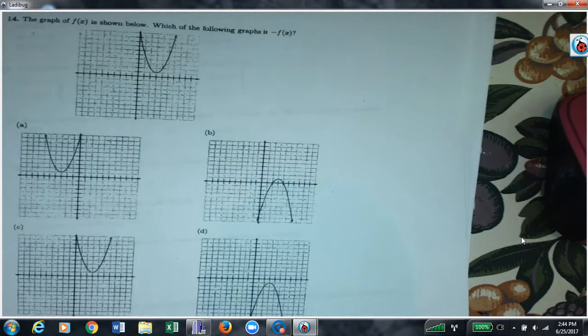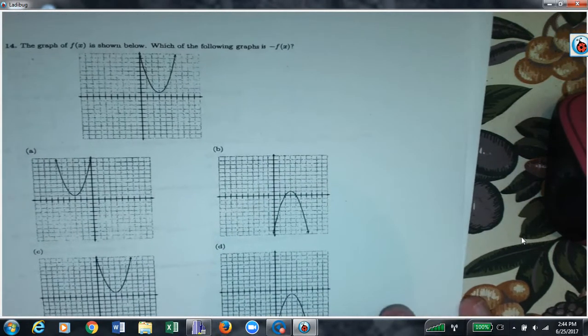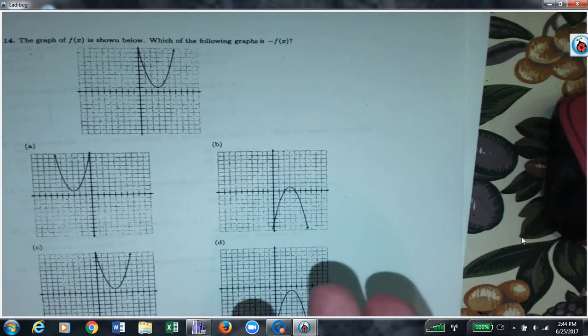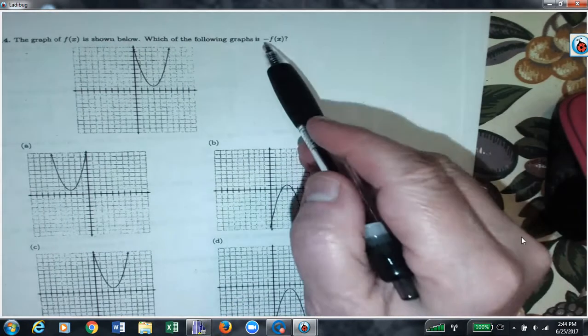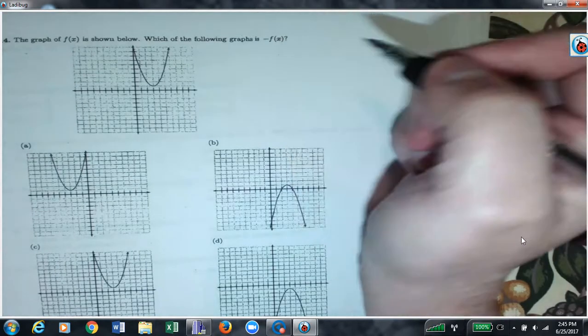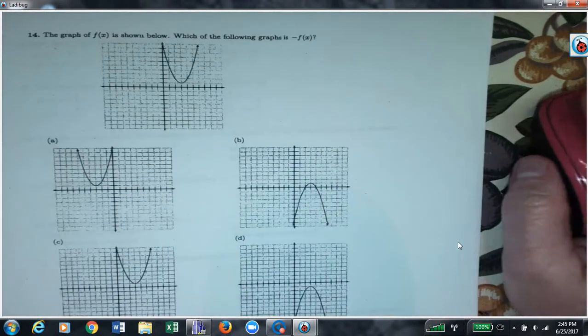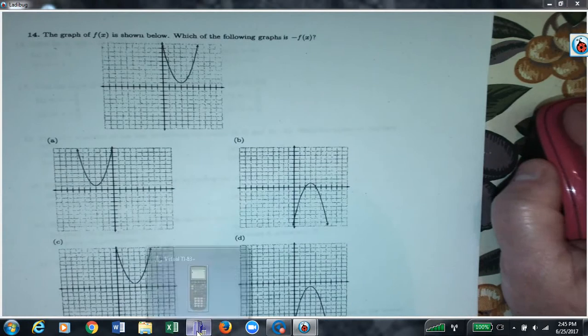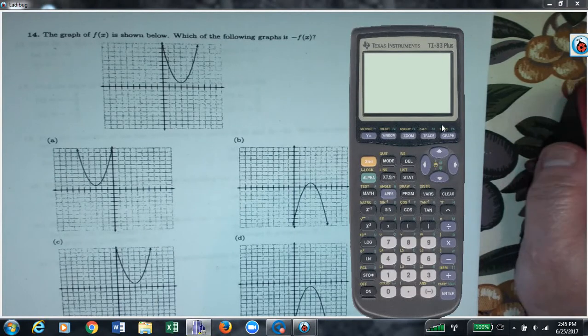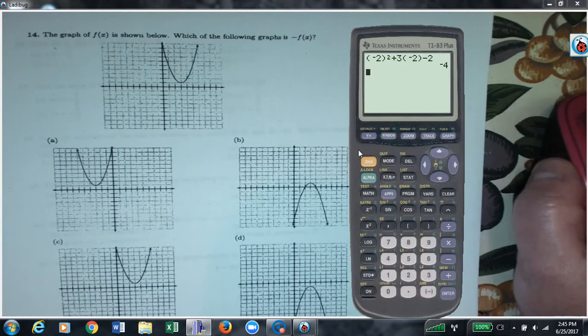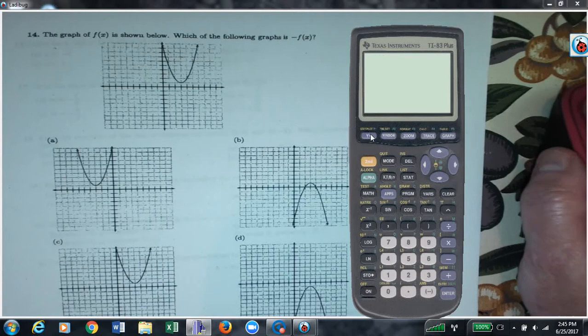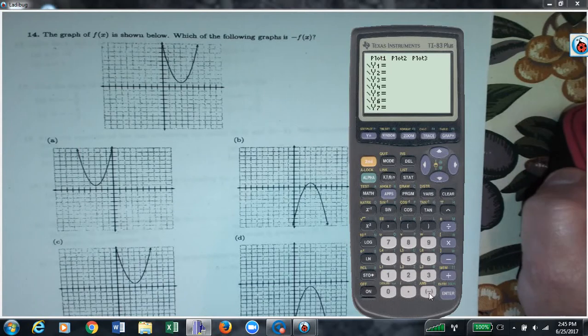Okay, number 14. Which of the following is the graph of negative f of x? Well, if you have a negative out the front of it, it's going to be a reflection. And if you're never sure if it's an x reflection or a y reflection, then try it with the square root of x.